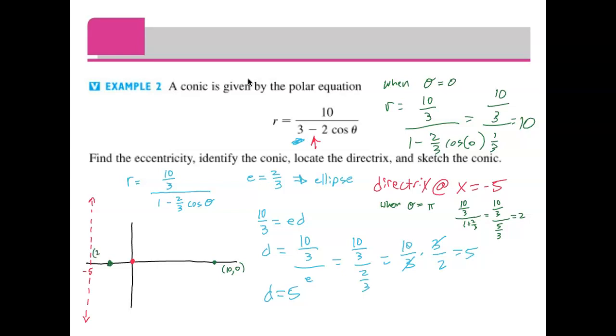That's the coordinate (2, pi). We've rotated to pi, and our radius is still going in the positive direction, so it goes in the direction of rotation. So these are basically our vertices. And our ellipse is going to look something like this.